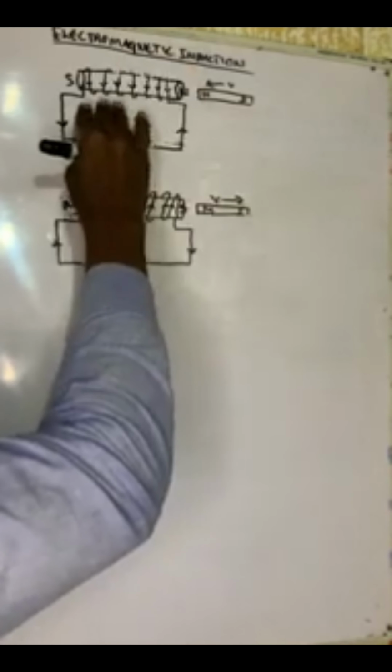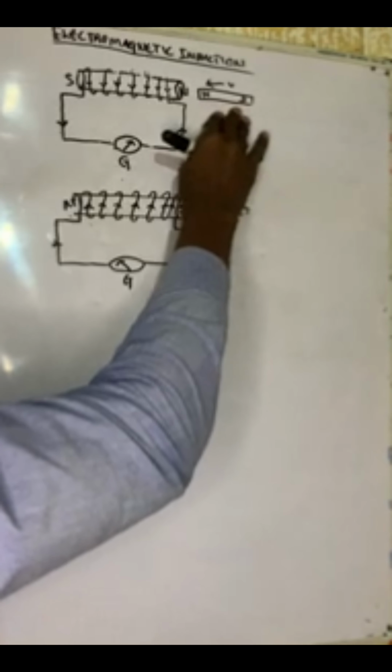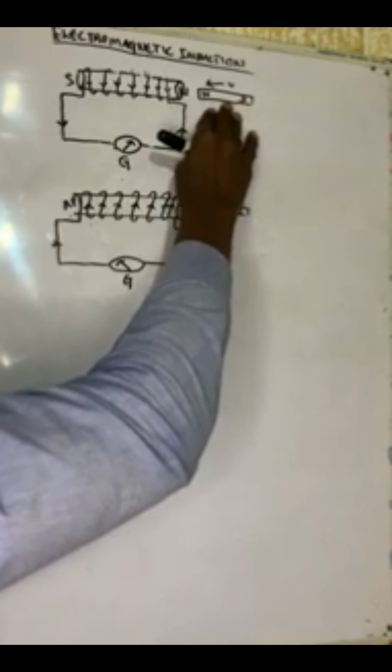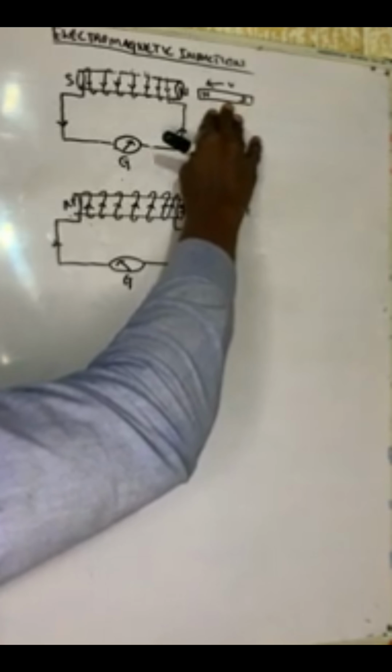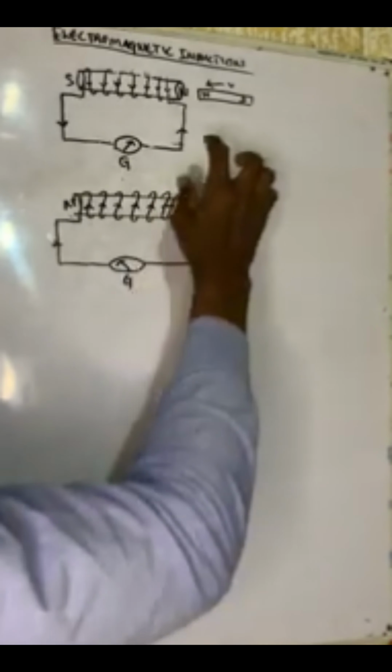Should we have this particular setup remaining stationary without the magnet being initiated any movement, then there wouldn't be any deflection on the galvanometer. So for this setup to yield any deflection in a galvanometer, there should be a relative motion.